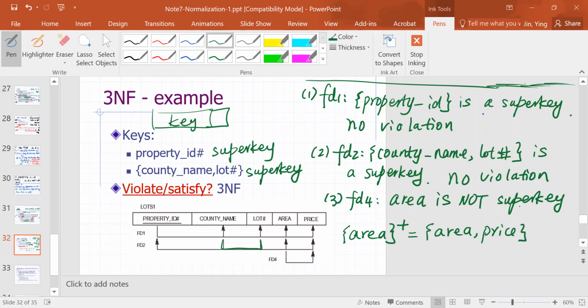So that's why this is not a super key. Either way, whichever way you use to tell, you don't need to show this to me, okay? You only need to give me the conclusion, whether this is a super key or not, like this. So we know this is not a super key.